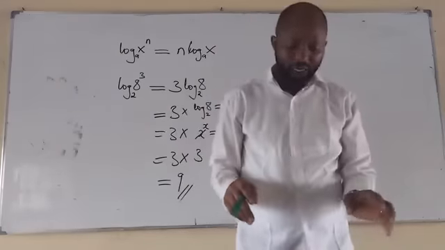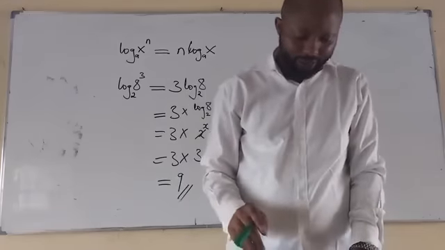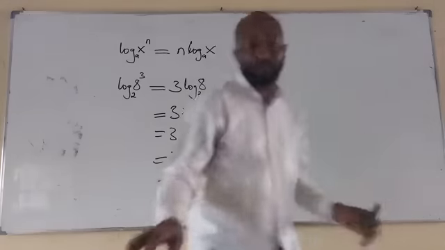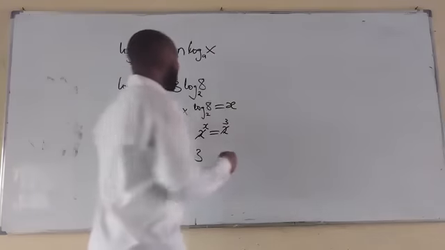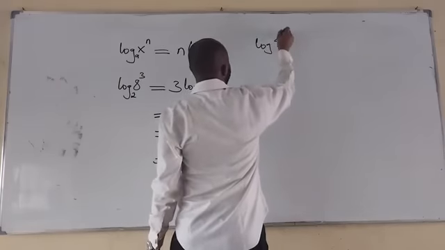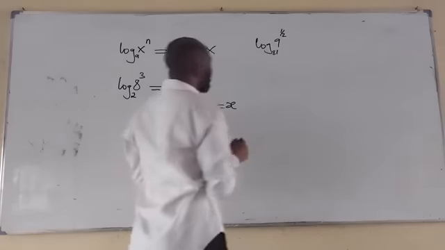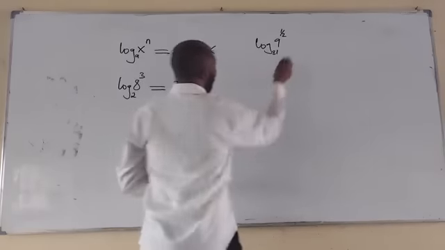We can still take another example to show that. Log of 9 raised to the power half in base 81. We use the power to multiply.